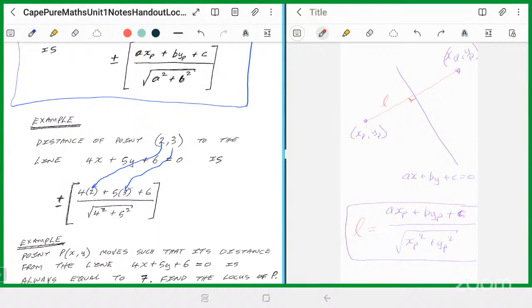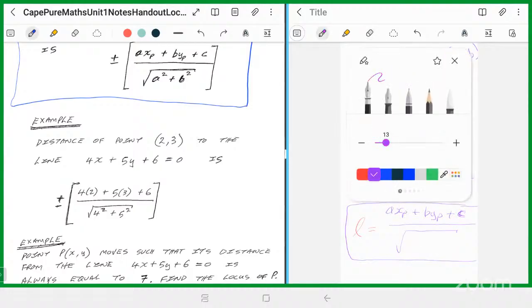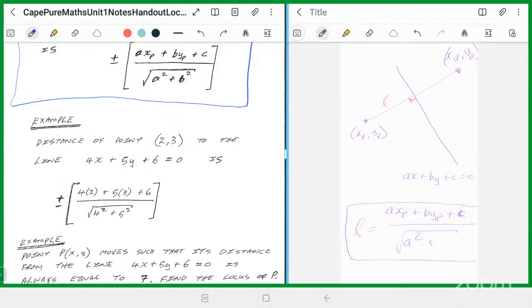And you're dividing by the square root of this value squared and this value squared. Oh, sorry, it's the a and the b. I have the wrong form over here. It's the a and the b I should have under here, not xp yp. My mistake. So it's a squared plus b squared, which are the coefficients of the x and the y under here.